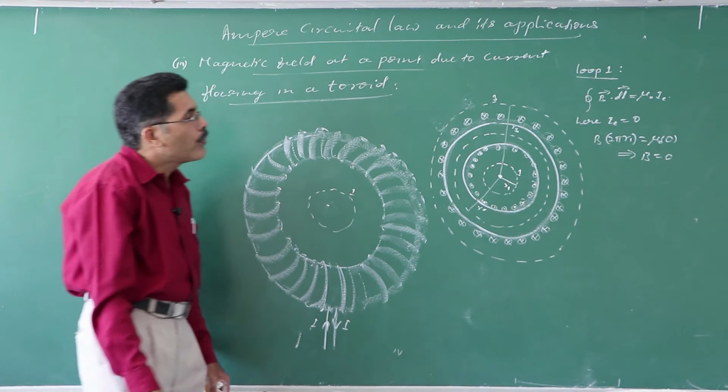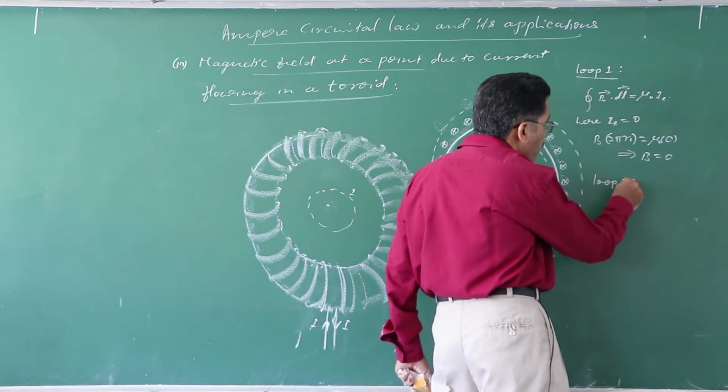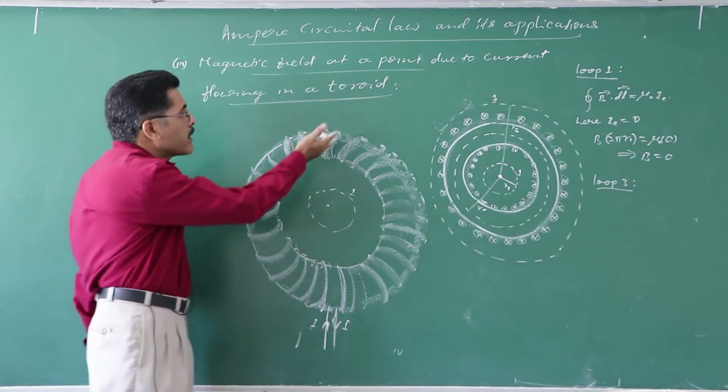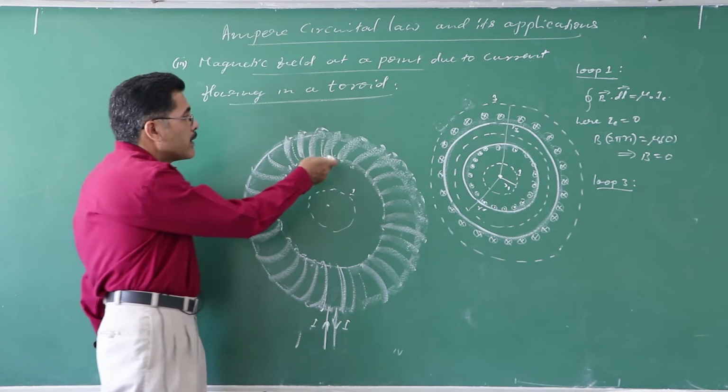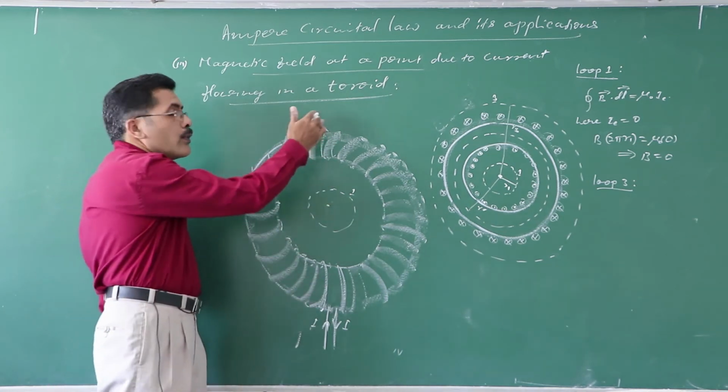Now let us take loop 3. Loop 3 is external to the toroid.